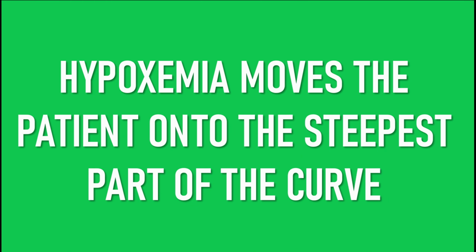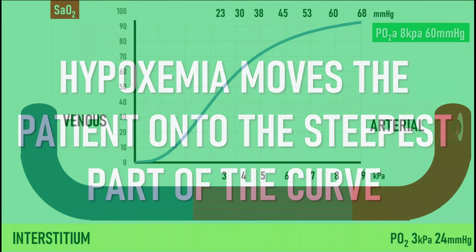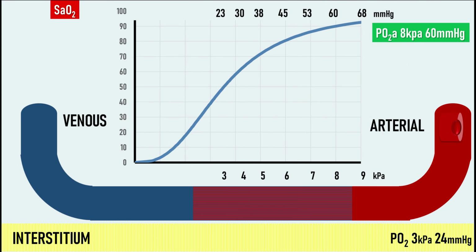Hypoxemia moves the patient onto the steepest part of the curve. In this situation, the oxygen leaving the lungs has a PaO2 of 8 kilopascals, that's 60 millimeters of mercury, and a saturation of just 90%. It is on the steepest part of the oxyhemoglobin dissociation curve.